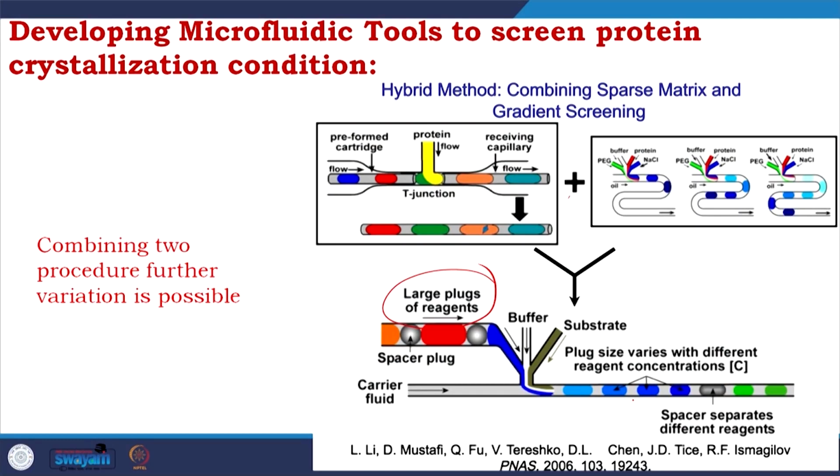So, as I told, throughout the course of this crystallization, the more variation you come up with, the more chance you have of getting a crystal. Here they are developing the tool to give us the potential to make a huge number of variations, and remember they are doing it in micro and nanoliter. Another big advantage, remember when I talked about this process of crystallization needing a lot of protein, because you need one concentration.